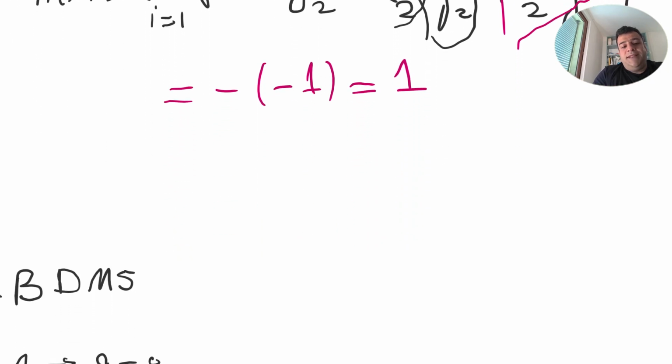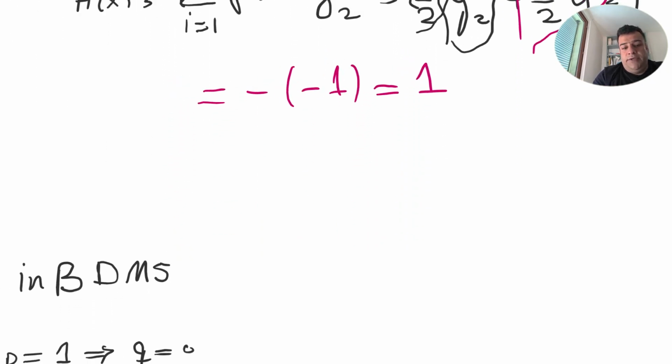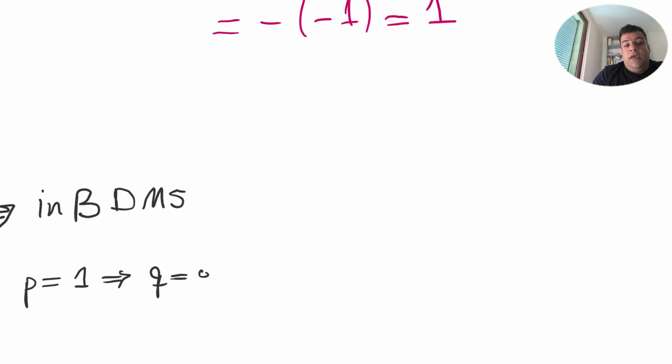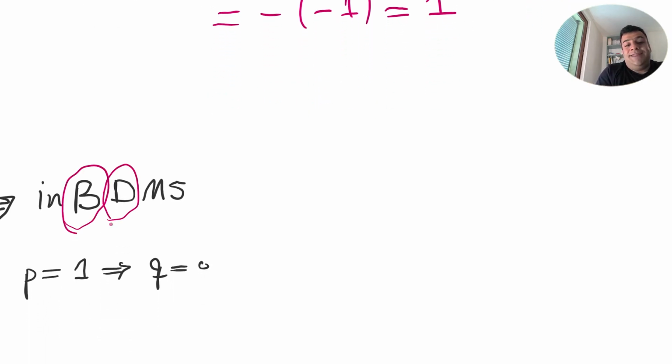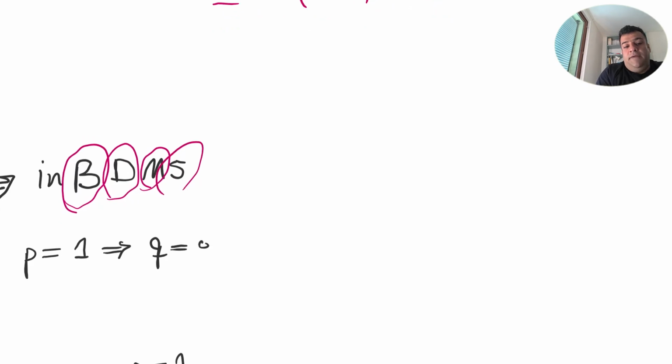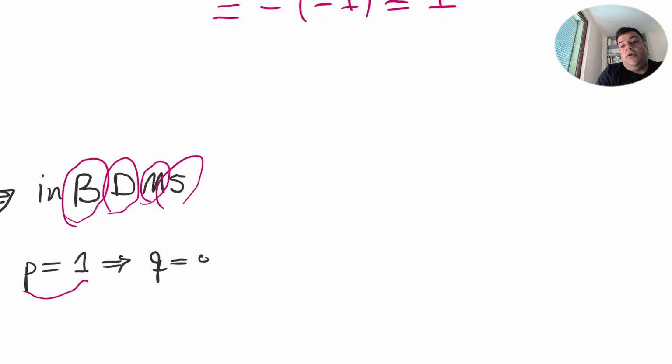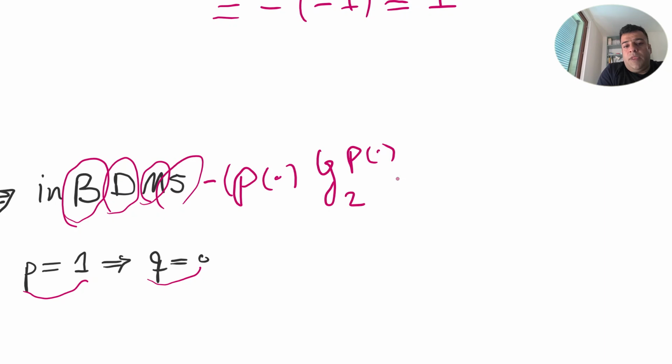Okay. Let's go to another important notice, guys. In a binary discrete memoryless source, if we have p equal to 1, therefore q is 0, yes? What happens for the logarithm? Our formula for binary is something like this: p0 log p0 in base 2 plus p1 log p1 in base 2.